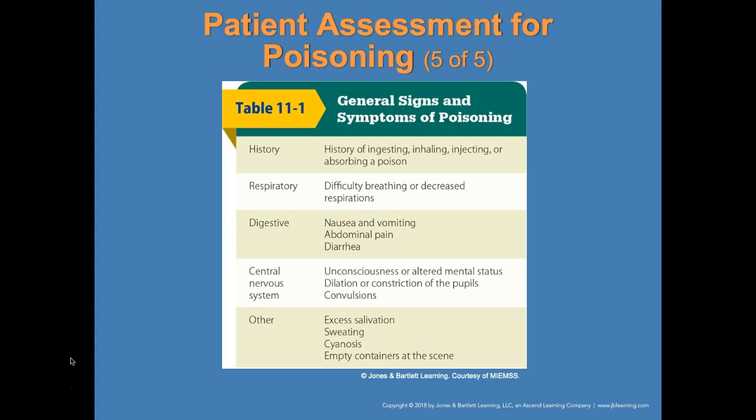With the central nervous system, could be unconscious or altered mental status. We might see dilation or constriction of the pupils, convulsions, maybe some excess salivation, sweating, cyanosis. We might see empty containers around the scene, smell something around the scene. It's all stuff we got to be looking for.